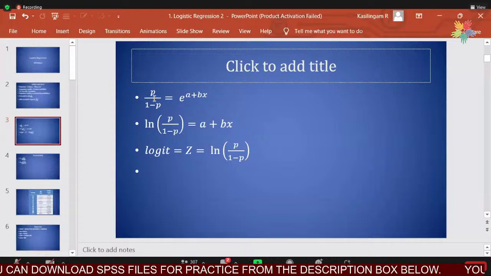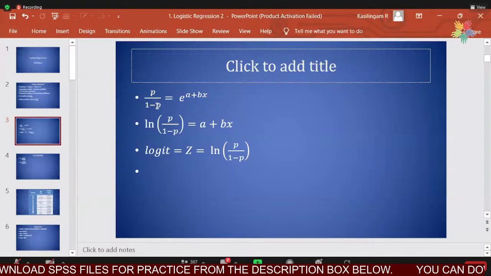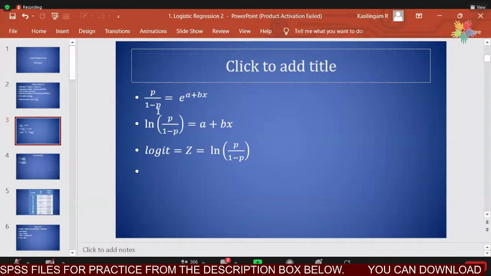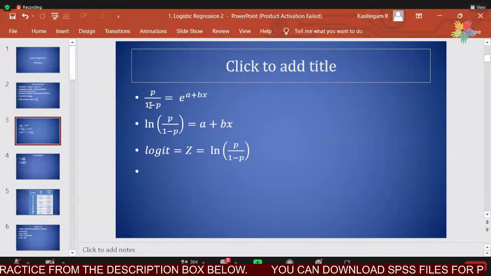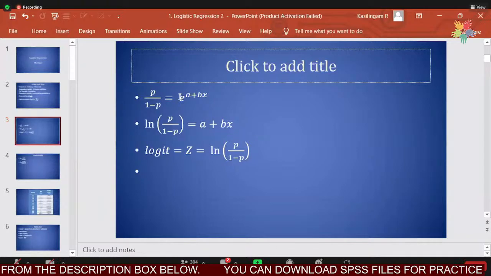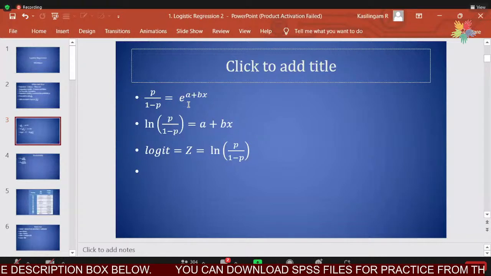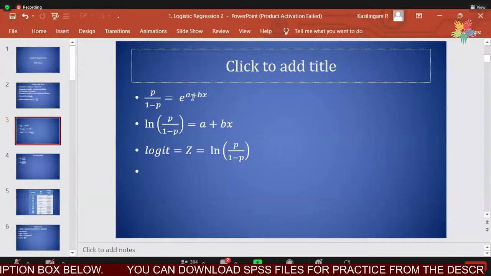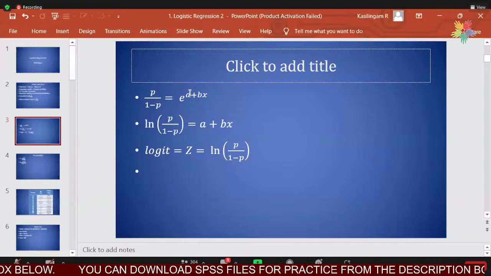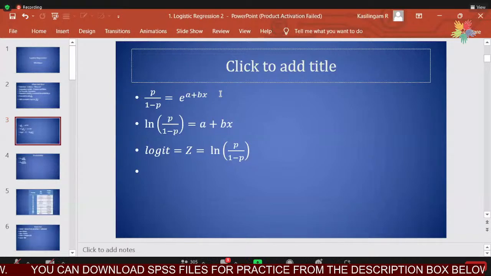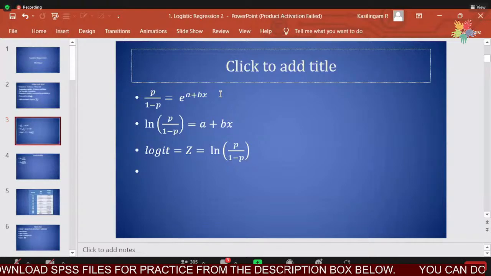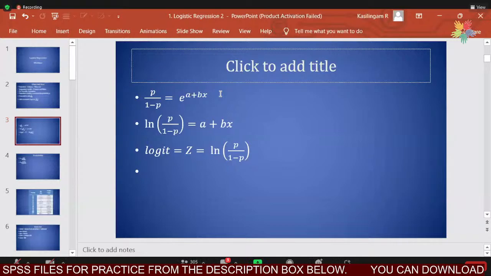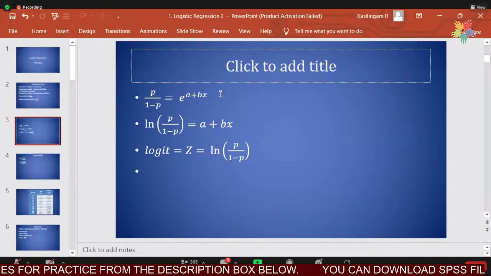Very good. So now my equation is odds, the odds ratio. Since it is a ratio, the odds ratio is equal to e to the power a plus bx, right? When there is an exponential, to remove the exponential, you take the log.